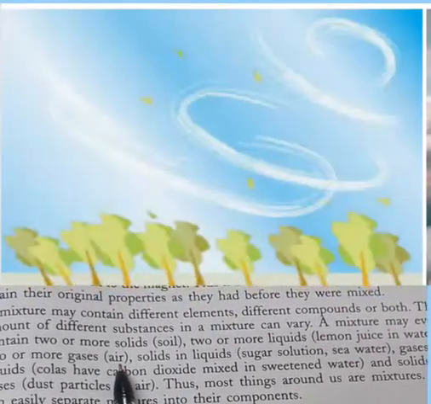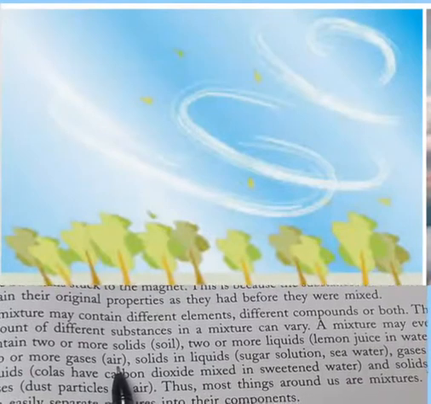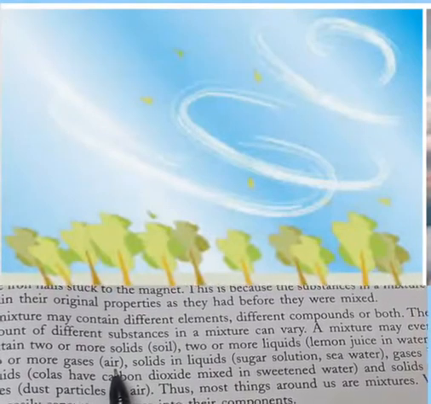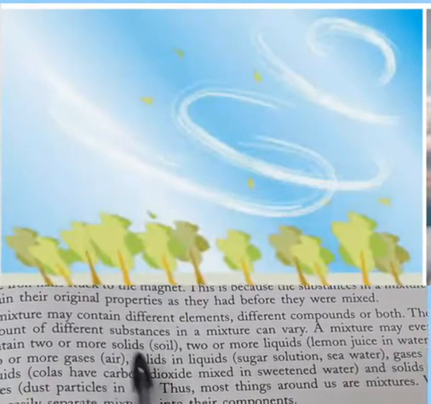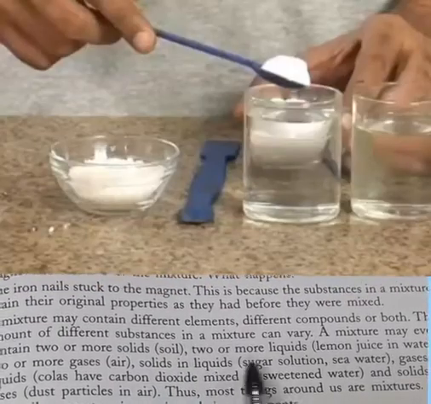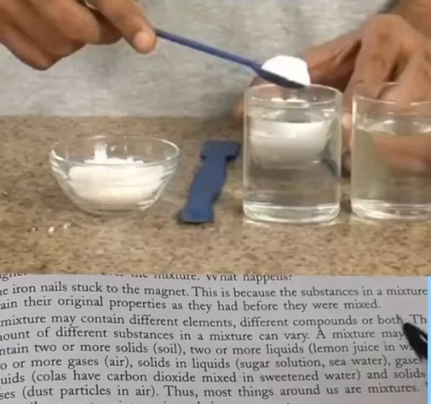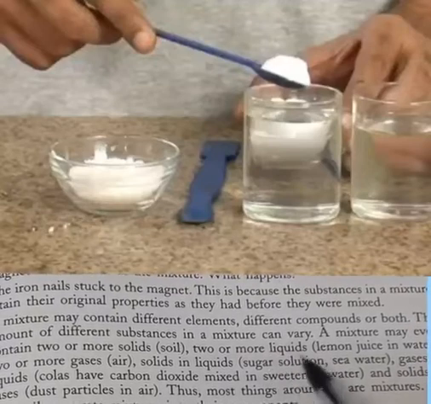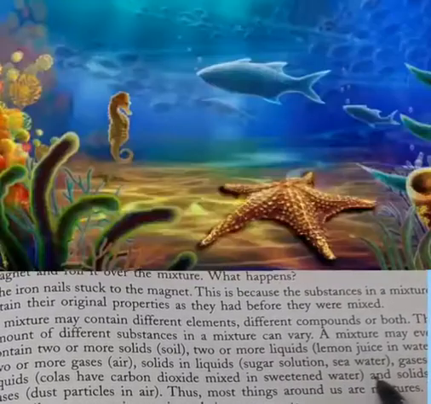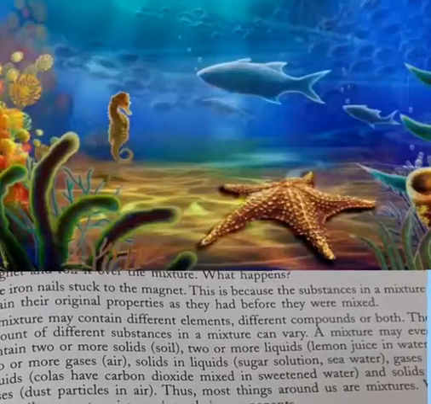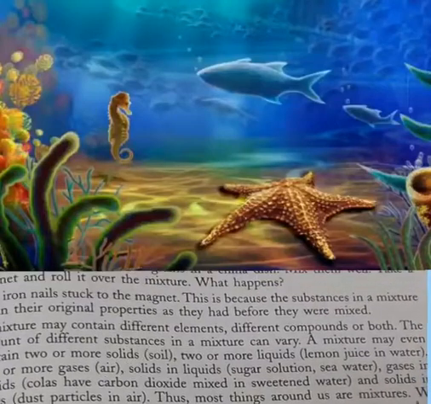As we have discussed in the last chapter, air is a mixture of many gases, oxygen, carbon dioxide, nitrogen and so on. Solids in liquids, that is sugar solution. When we put sugar in water, it is a sugar solution mixture. And seawater, in seawater there are so many things, so that is also a mixture.